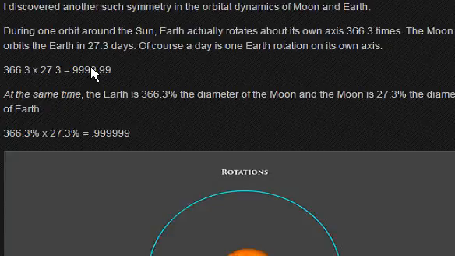And when I look at these nines, 9999.99, it is the same as if I see 6666.66.